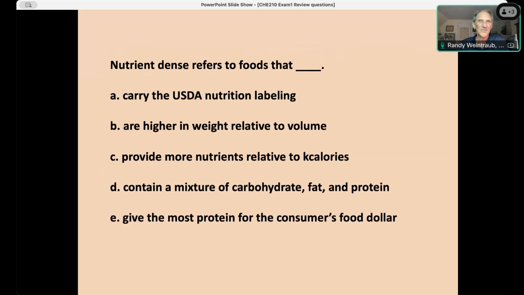Nutrient-dense foods refers to what? Again, that's providing a lot of nutrients per kcal. Kcals generally are easy to get.